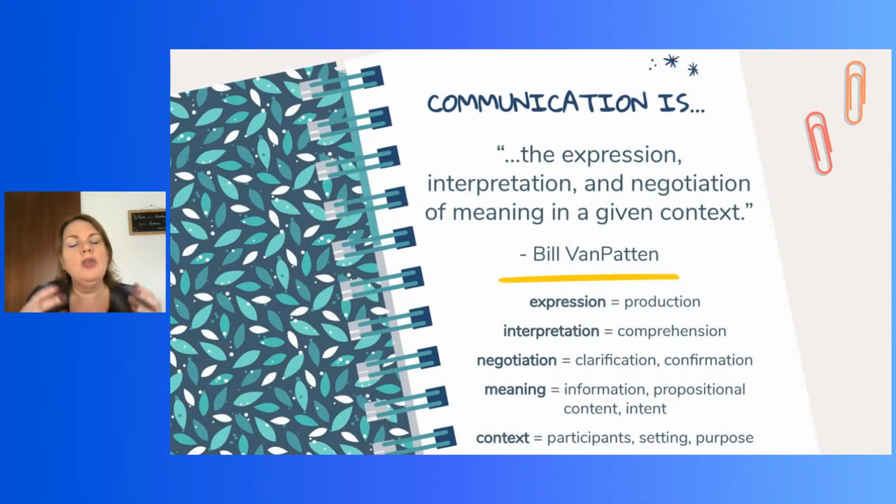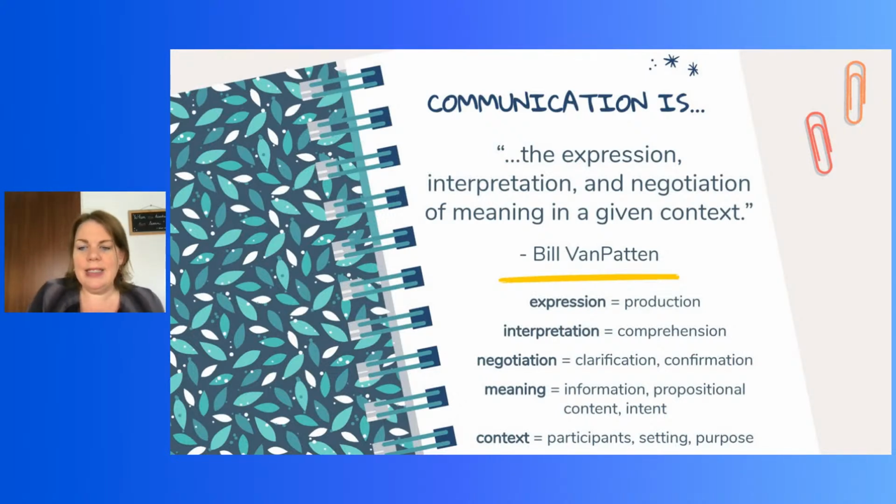Negotiation is the clarification or confirmation of something. So if our students are not sure about what something means in English, they can say, what does this mean? Can you explain this? This is negotiation. Meaning is information, propositional content, things like this.